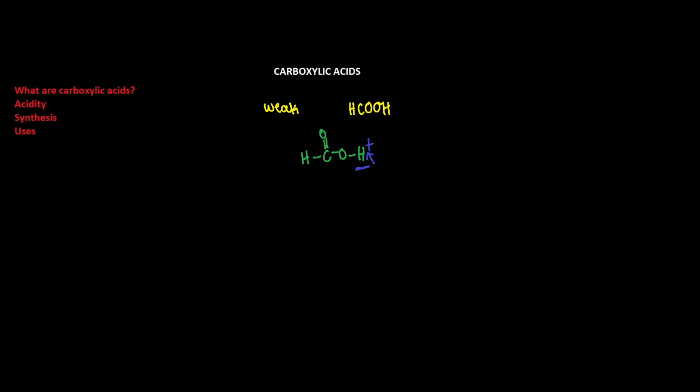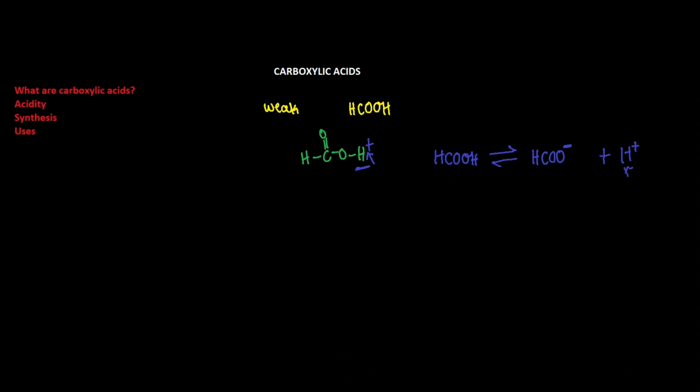Now, using methanoic acid as an example, we would have the dissociation process go on in this manner. Okay, so it would exist as an equilibrium reaction, with the methanoate ion having the negative charge and the hydrogen ion here.